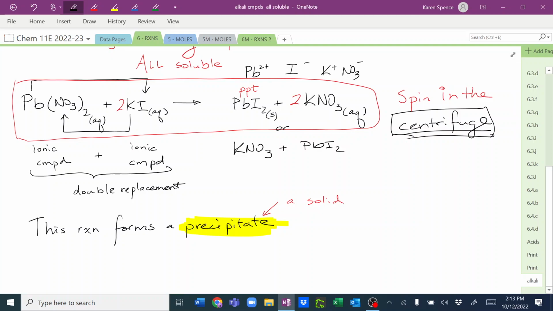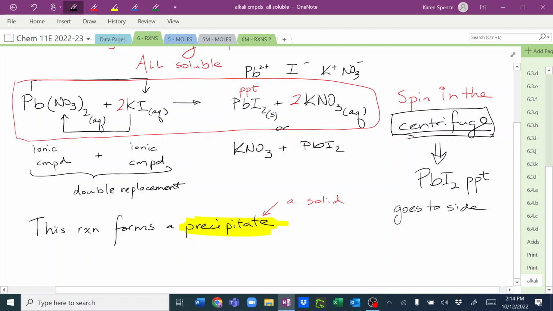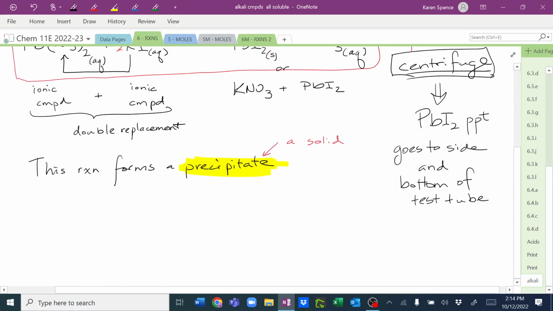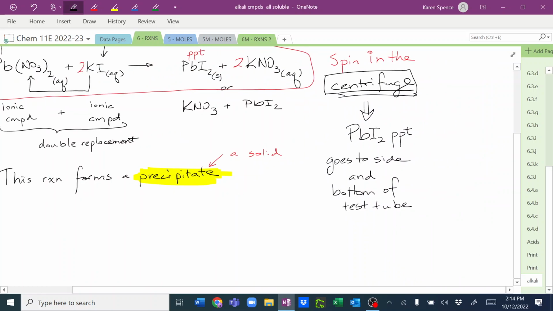So we spin it in the centrifuge and the solid goes to the side and the bottom. So the PbI2 precipitate goes to the side and bottom of the test tube. So then our picture would look like this.